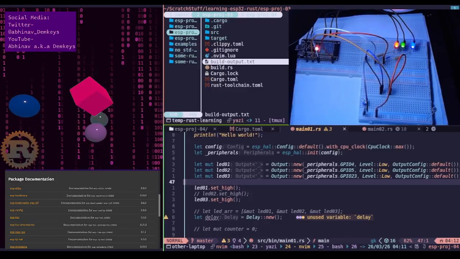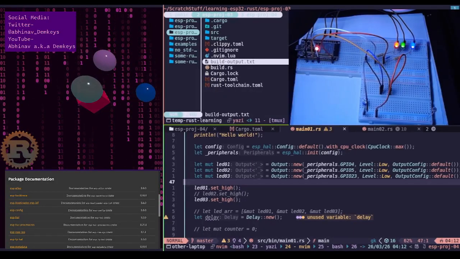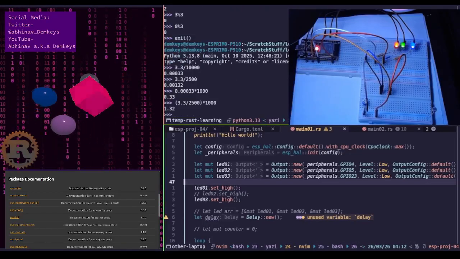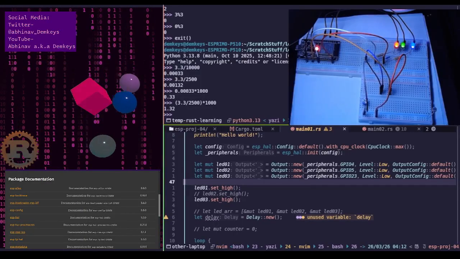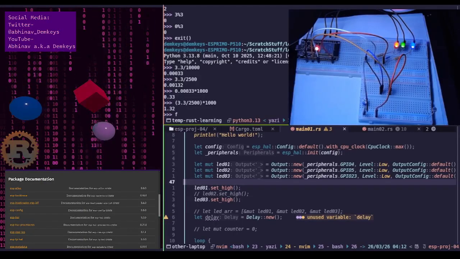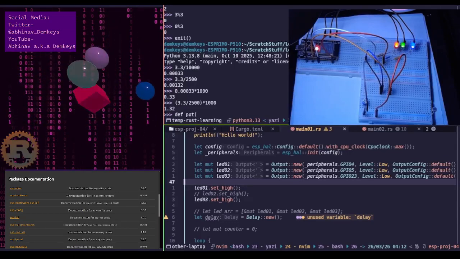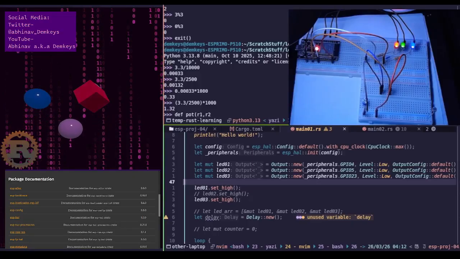So the formula that we are supposed to be using here is, hold on, let me go to Python. Actually, maybe we can make this a function. def pot(R1, R2), we can also do V in.